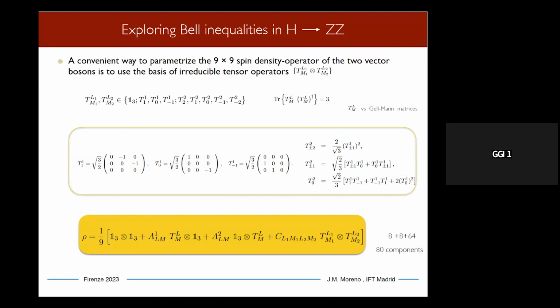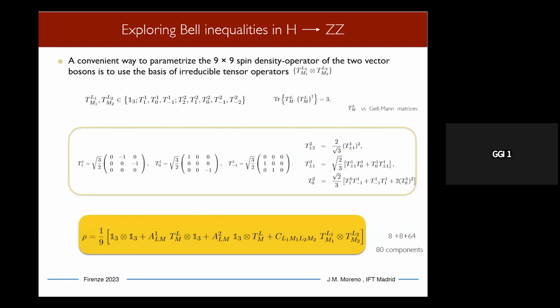In our case, to parameterize this 9x9 spin density operator, we have chosen a basis of 9 matrices: the identity, which takes care of the trace of the rho matrix, then the 3 angular momentum L = 1 matrices, and then some symmetric products that are written here with a particular value of the 3rd component of the spin.